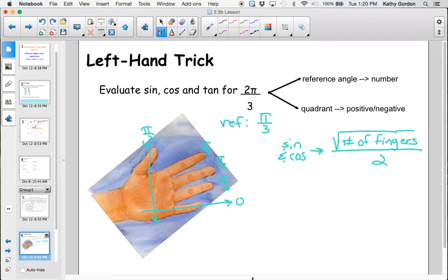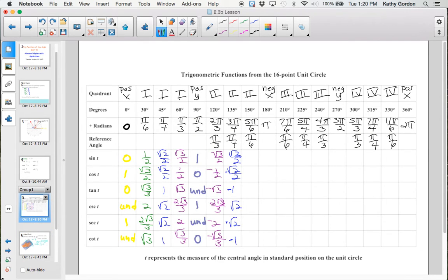So that means for cosine, because it's the first of my ordered pair, for cosine of pi over 3, we're going to have the square root of 1 finger over 2. Well, what is the square root of 1? 1. So I get 1/2. Isn't that what we said cosine of pi over 3 was? Pi over 3 cosine 1/2.